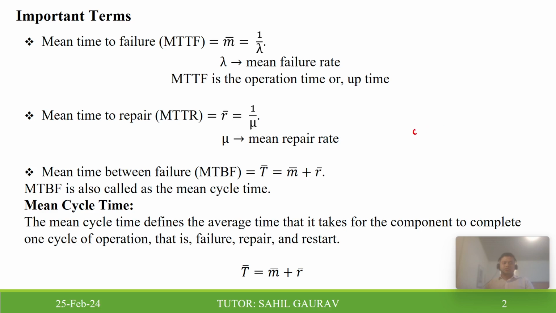Suppose a component begins its operation at a certain time, goes on, and then gets a fault. This duration we call mean time to failure.